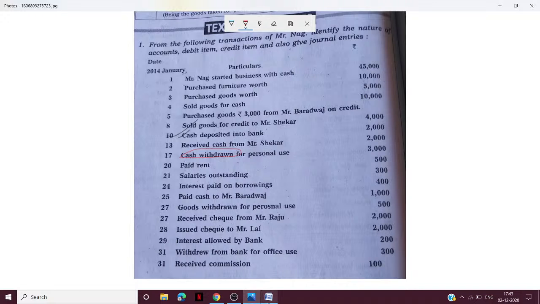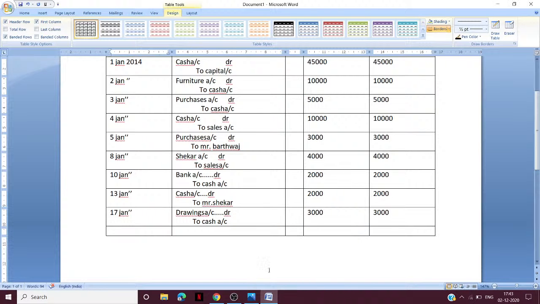What we are paying? Cash we are paying. Why are you paying cash for rent? So on 20th Jan, what is the transaction we are paying?